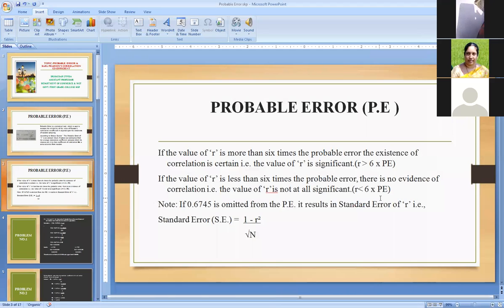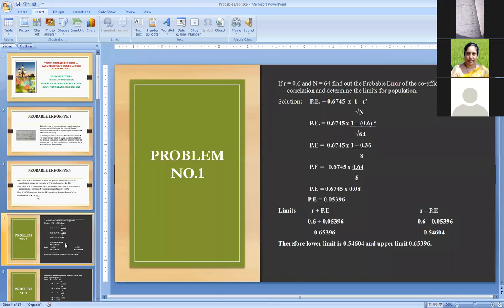Significant means it is accurate, not significant means it is not accurate. So we should write an interpretation when we compare the correlation with the probable error. That is how we should interpret the value of correlation when we compare it with the probable error. Let us see some of the questions they are going to give for calculation.